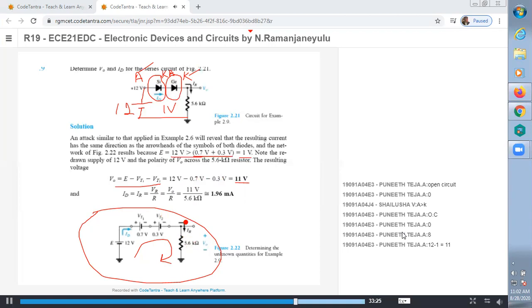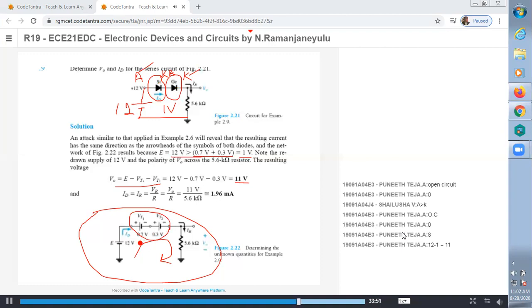In this case the procedure is, first of all, in your mind, if A is greater than K, replace the diode with 0.7 if it is a silicon diode. If it is a germanium diode, replace it with 0.3. Then the total opposition is 1 volt.